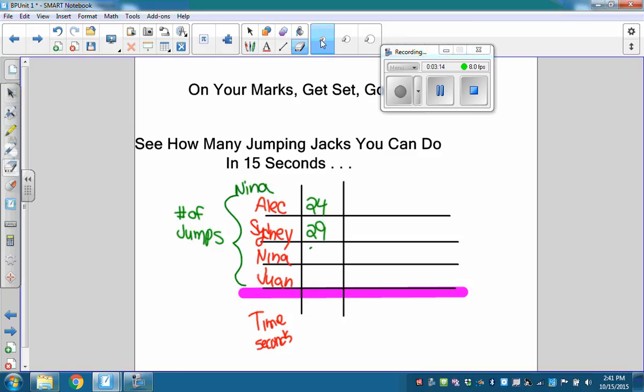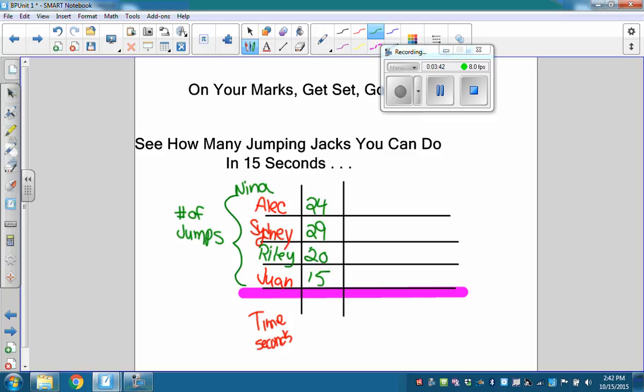I got 20. And 1? 15. Okay. There are lots of possibilities, but if you were able to sustain that pace for a whole minute, we could figure out your unit rate.